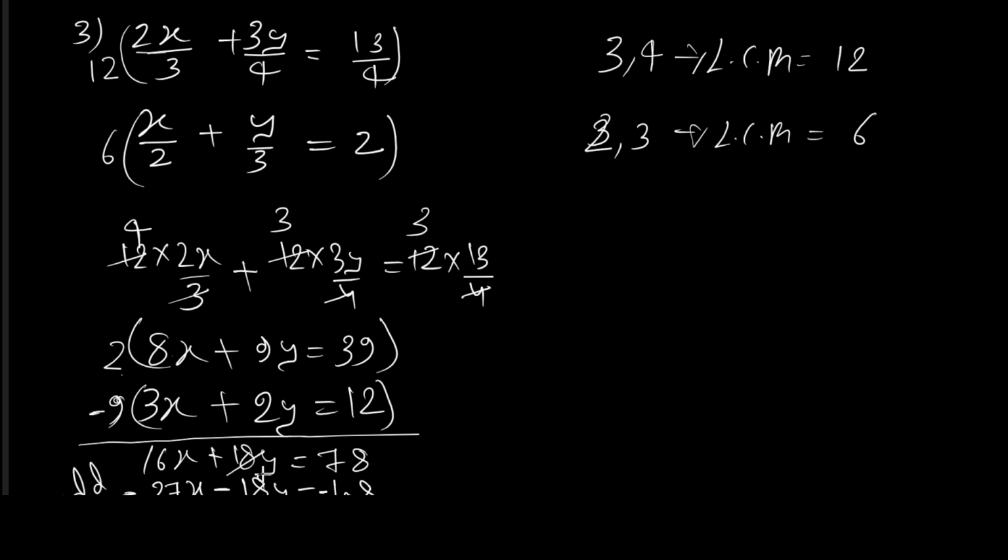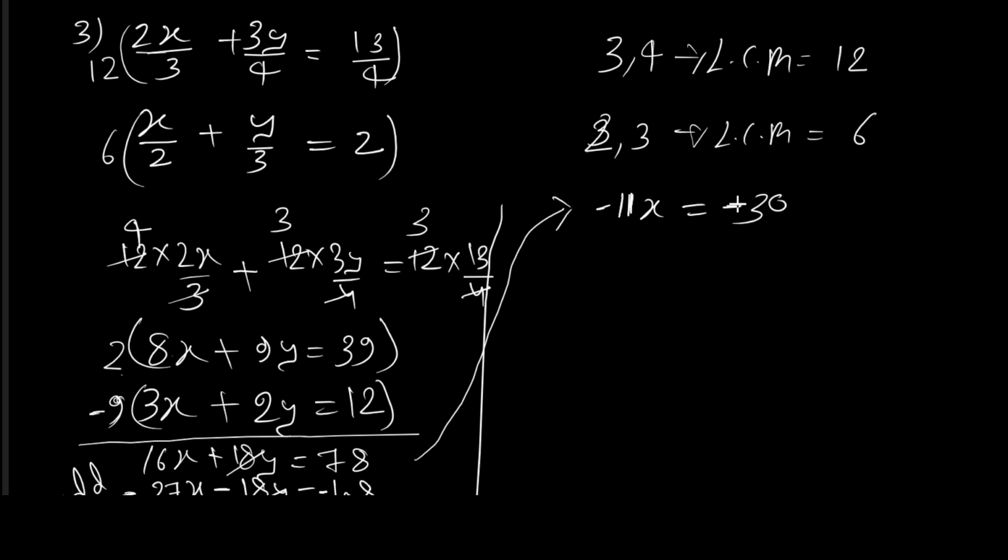So here 18y and -18y will cancel out. Now I'm going to solve this addition. So -27x plus 16x gives us -11x, equals -108 plus 78, which gives us -30.